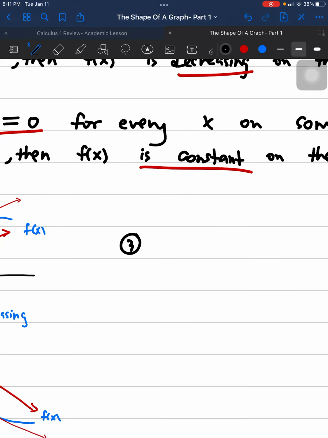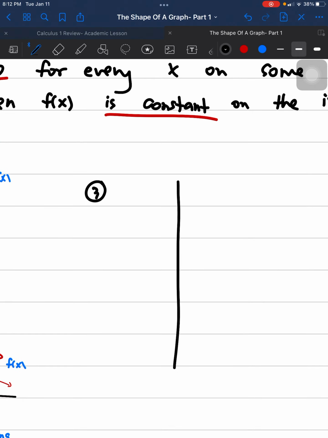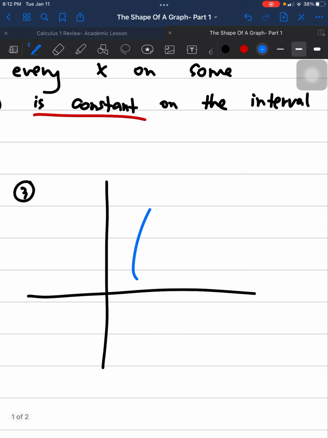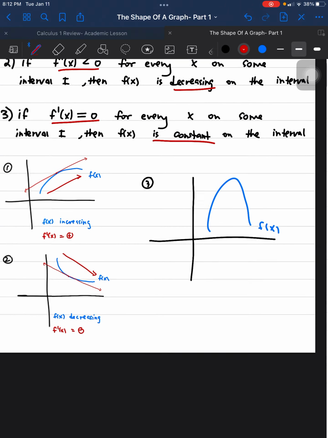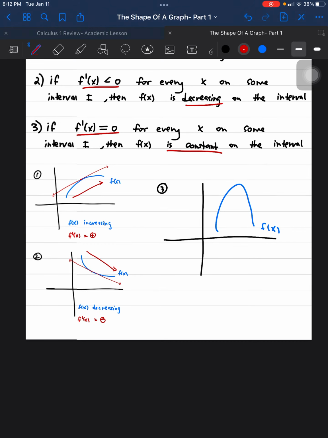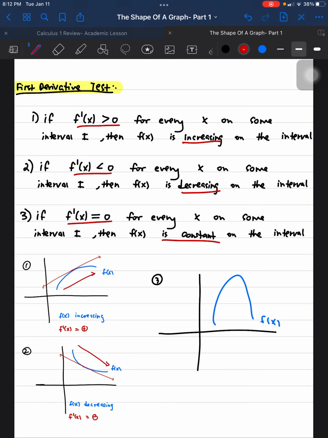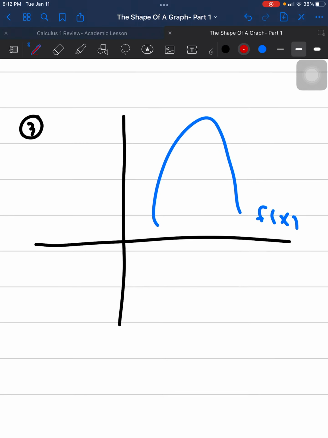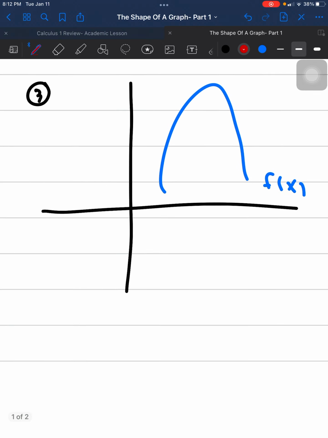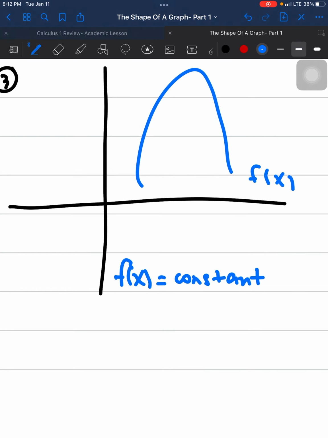Now for the third statement, it says that if f prime of x is equal to 0, meaning the slope is equal to 0, for every x on some interval I, the function is constant on the interval I. So let's say this function f of x is constant.